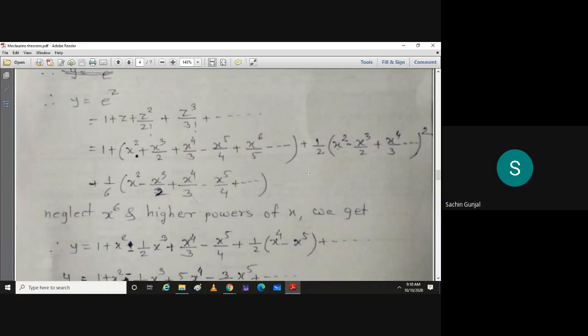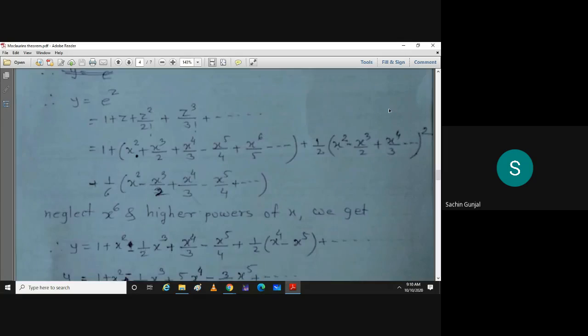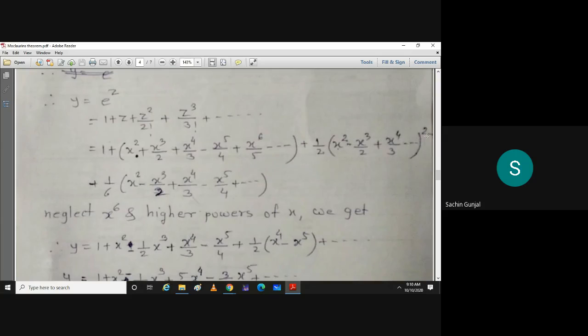While looking at x cube, I am also considering powers, because in this expansion there is no term of x cube if you square this. Therefore, x cube ka coefficient is minus 1 by 2. This is plus, but actually it is minus. So minus x cube by 2.